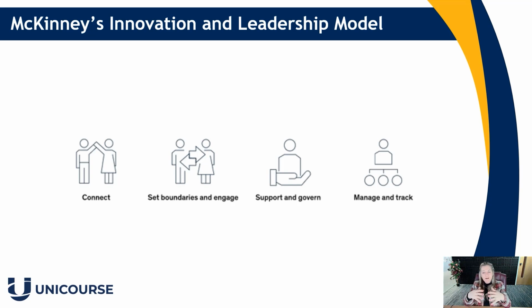And then manage and track is about defining how members will be recognised for their contributions, establishing performance management criteria based on both the individual and the team successes. And it's about defining timing for assessment and review, and considering a planned out process to facilitate the innovation as well.